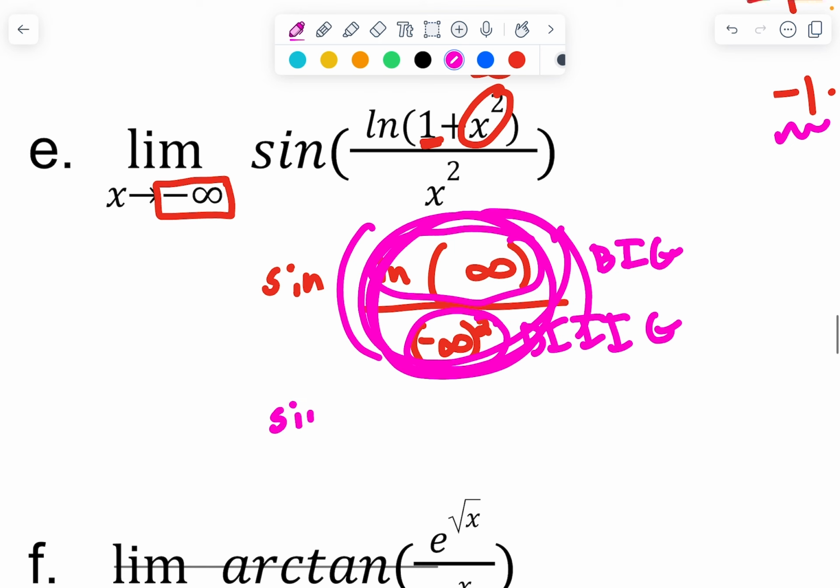Okay, so we're taking essentially sine of 0, and sine of 0 is basically 0. And so this whole limit is equal to 0. Now, it's probably smart to think about, are we approaching big over big from the positive side or the negative side? It's coming from the positive side, and as far as sine is concerned, that doesn't really matter. Sine is continuous.